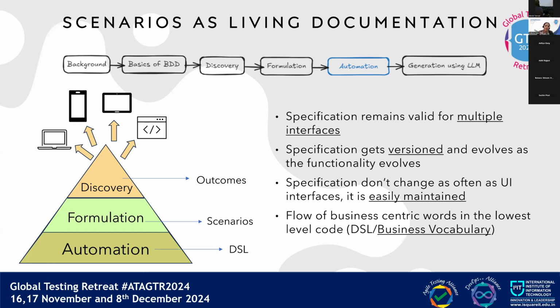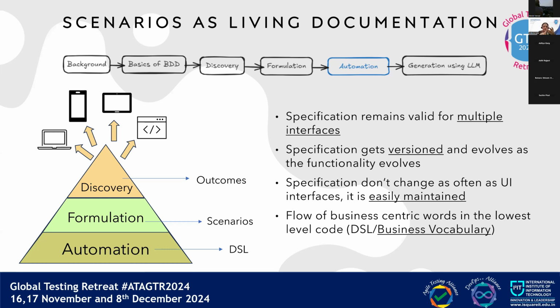In fact, if you look at the system architecture, your service APIs are the ones which will serve both the interfaces, be it mobile or web. And that's the primary reason why we want formulation to be written only once, and then it serves multiple interfaces. And it will evolve as the functionality evolves.